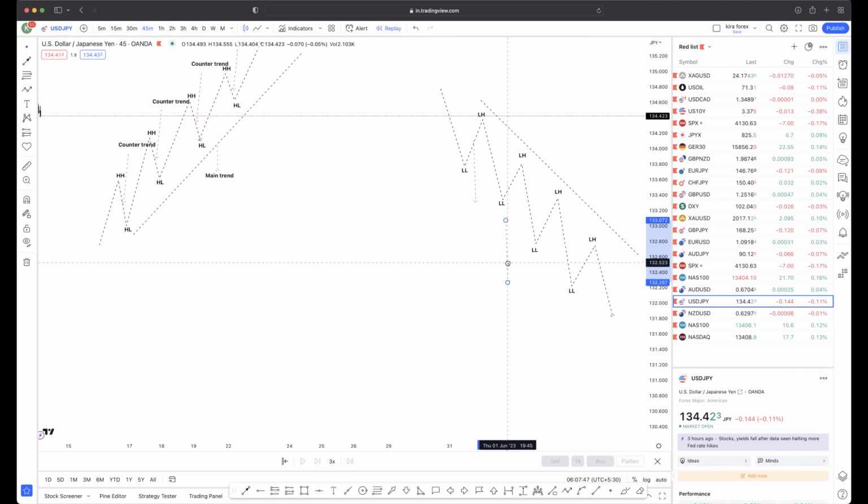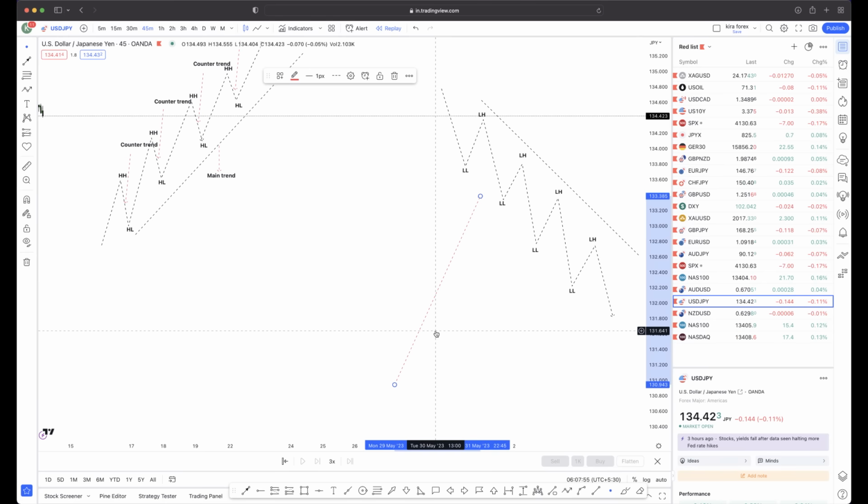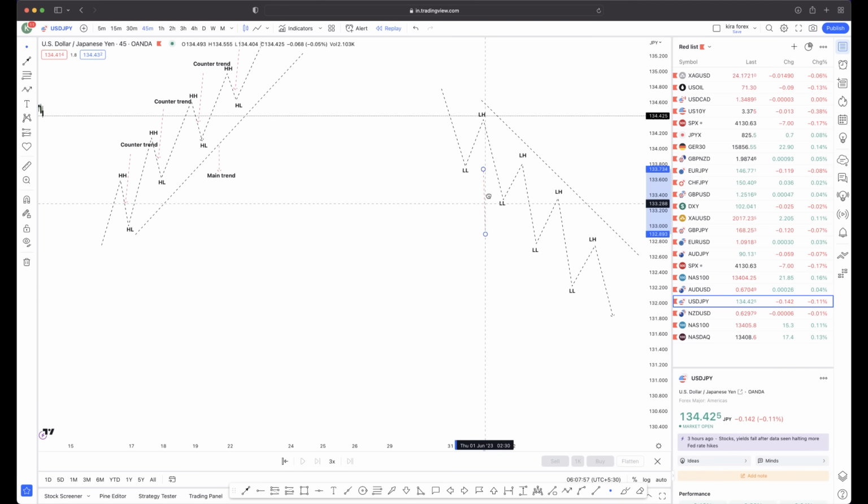As you can see, the main trend is here and the counter trend is opposite the main trend. Like I said earlier, this is for a short term movement. So you should be able to determine if you are trading a long term movement of structure or you are trading a short term counter trend.